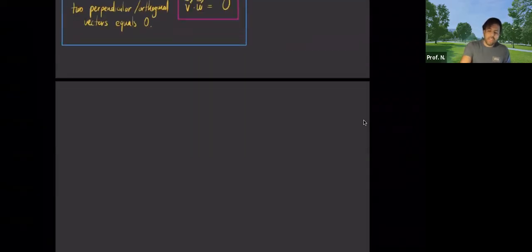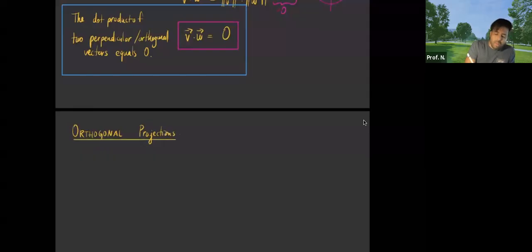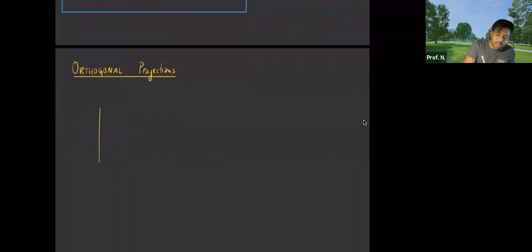So piggybacking off of this idea, we care a lot about what are called orthogonal projections. That's when we have a vector and we shine a light right above it, and this casts a shadow of some sort, where it's broken up into two vectors.